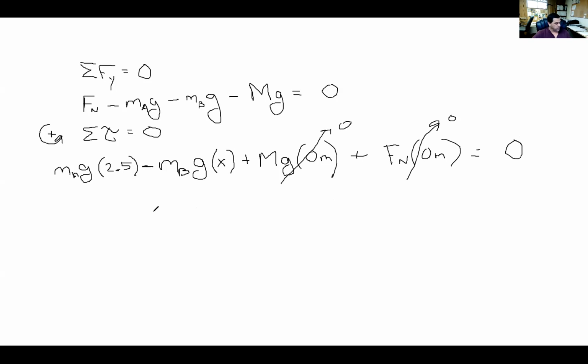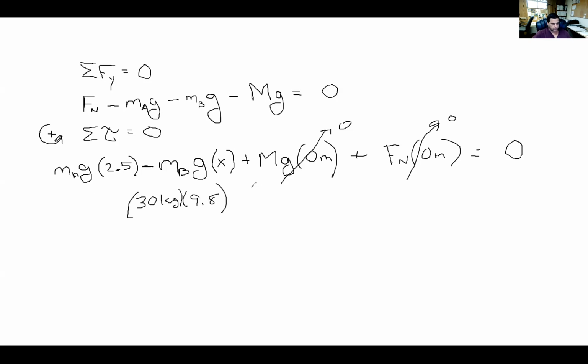So mass child A. At any point in time you can plug the numbers in, but all we're going to do really here is solve for the mass of child A. You can plug gravity in, or you can see that gravity cancels here. So mass of child A is 30 kilograms times 9.8.